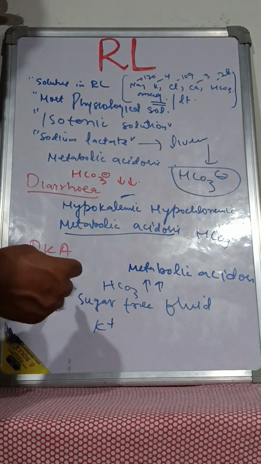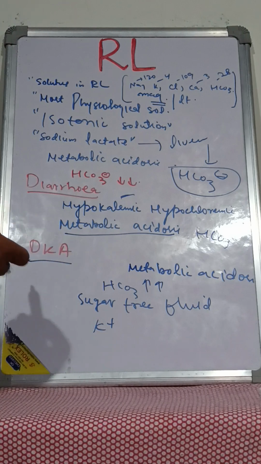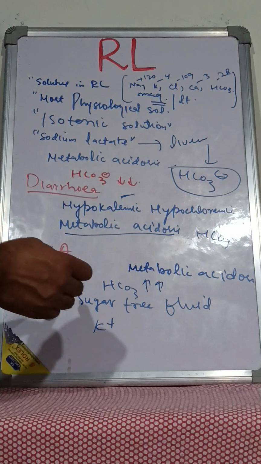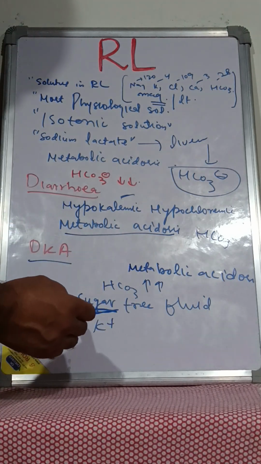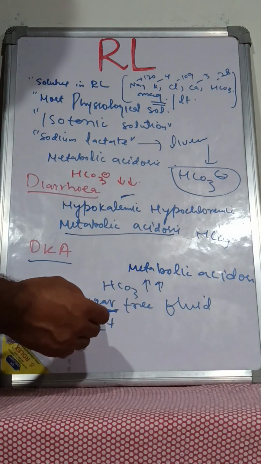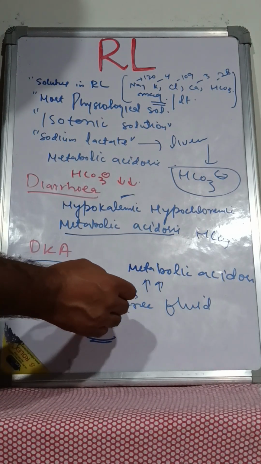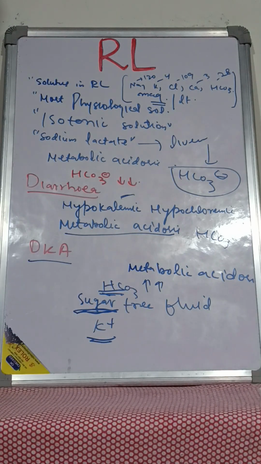So this is the best choice for use in diabetic ketoacidosis, because it will not supply sugar, it is sugar free, and it supplies potassium. It also corrects the metabolic acidosis. So that has made it the fluid of choice in diabetic ketoacidosis.